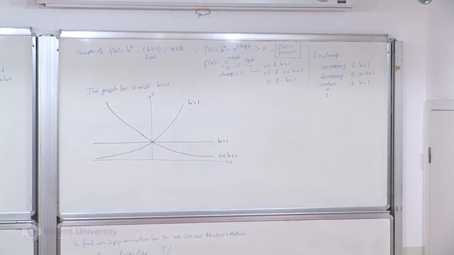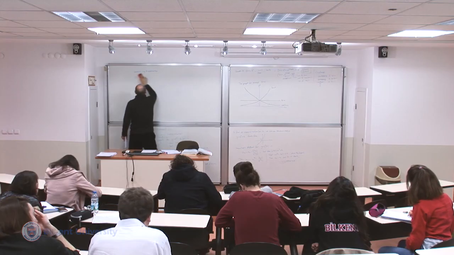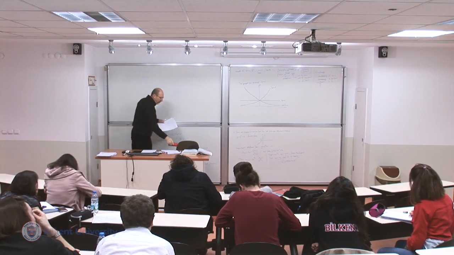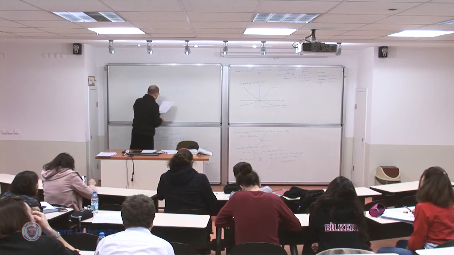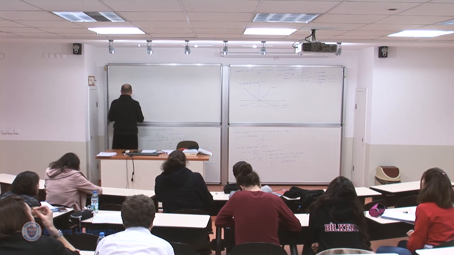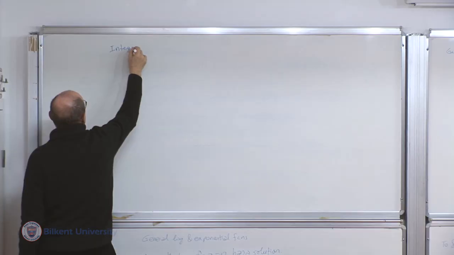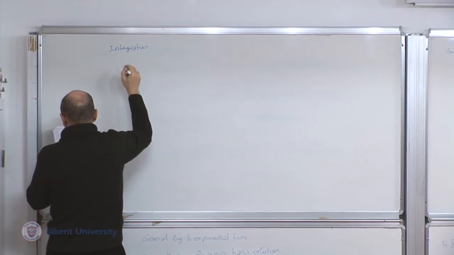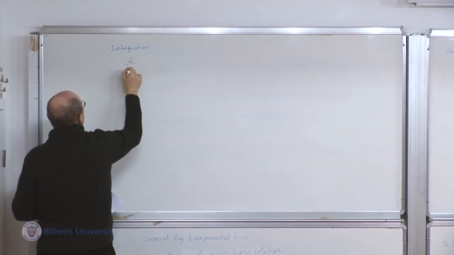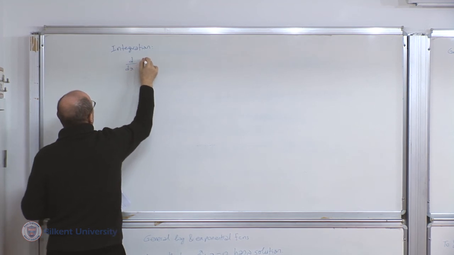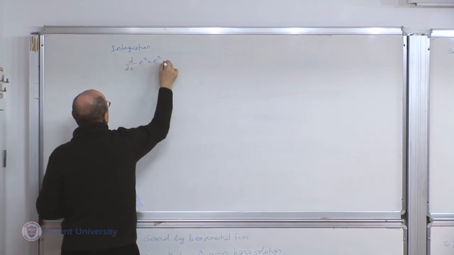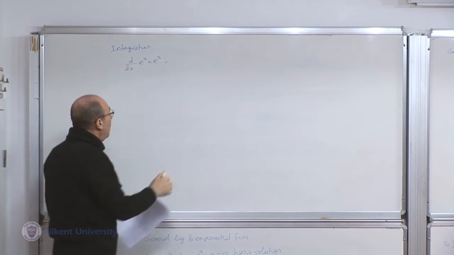When you have an exponential function in the integrand, what do we do? Integration. Since we have d over dx of e to the x equal to e to the x, we exploit this.